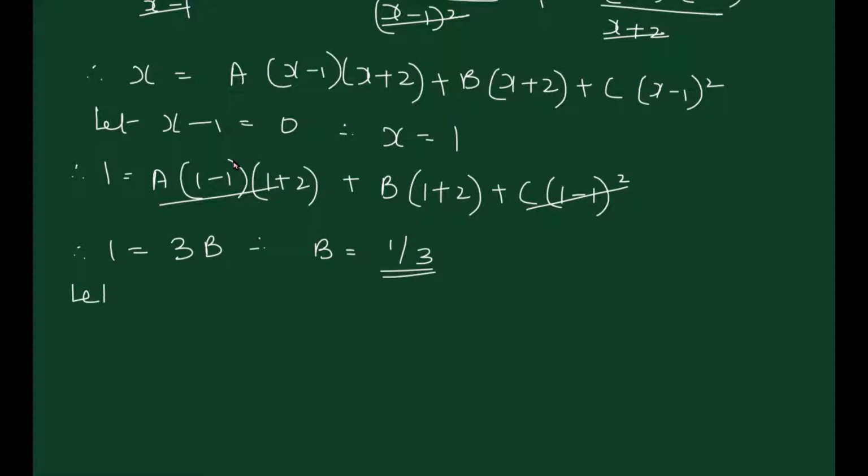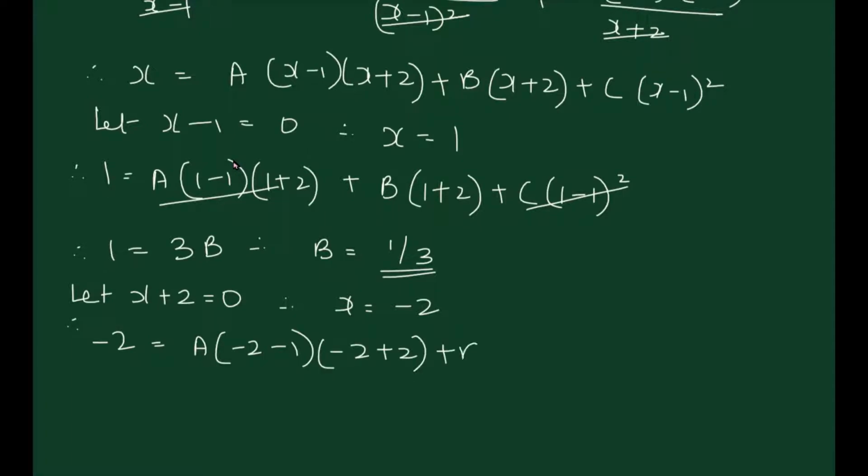Now we put the next bracket as 0. So let x plus 2 is equal to 0, and therefore x is equal to minus 2. And wherever x is there, we put minus 2. So minus 2 is equal to a into (minus 2 minus 1)(minus 2 plus 2) plus b into (minus 2 plus 2) plus c into (minus 2 minus 1) the whole square.